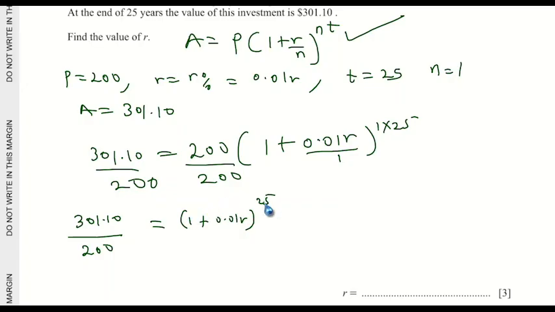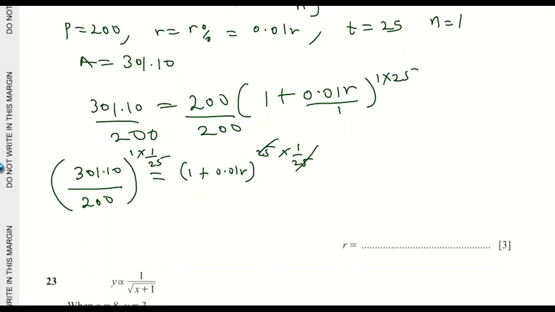Okay, I can say the whole of this, the power here multiplied by 1 over 25, then the power here is 1, multiplied by 1 over 25. So this cancels this, and I'm left with 301.10 over 200 to the power of a half equals 1 plus 0.01R. So I can rewrite this one.